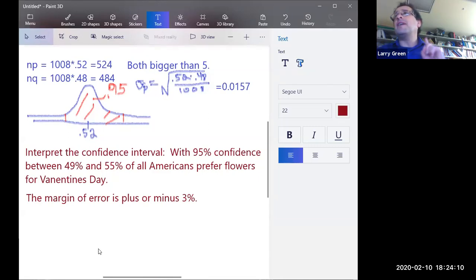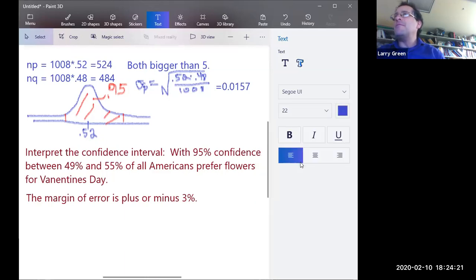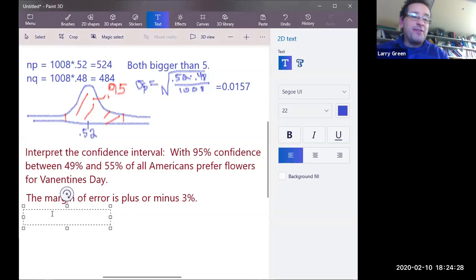Okay, here's the next thing. What if I said, instead of interpret the confidence interval, let's interpret that number, 95%. What does it mean to be 95% confident? Sometimes we'll say interpret the confidence level.